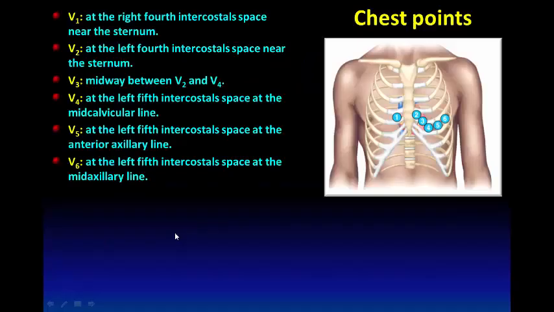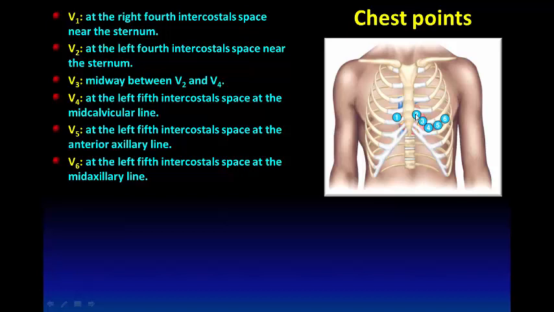Here we have the 6 recording chest points, and we call these chest points V's. So we have V1, V2, V3, V4, V5, and V6. V1 is at the right fourth intercostal space near the sternum. V2 is at the left fourth intercostal space near the sternum.